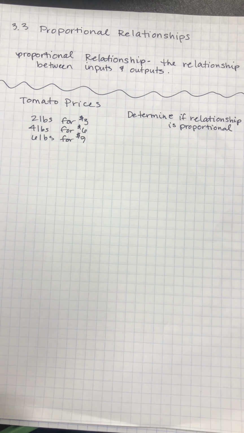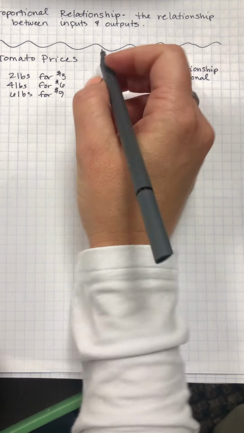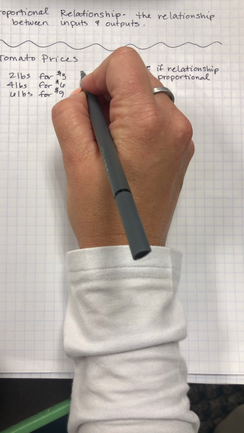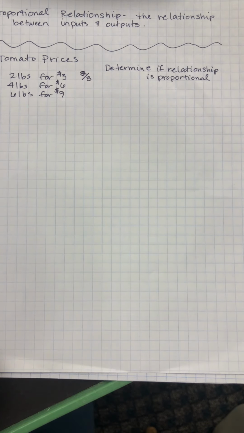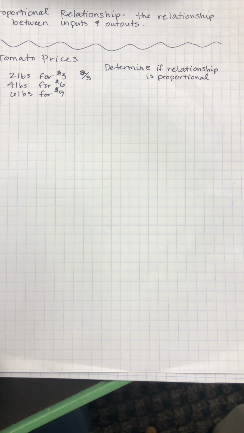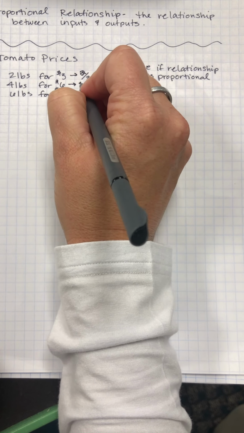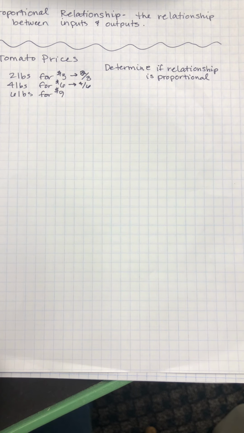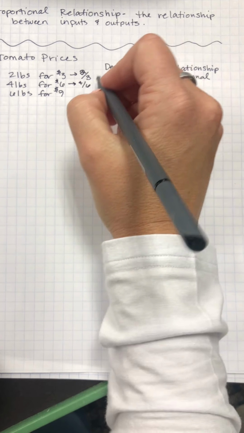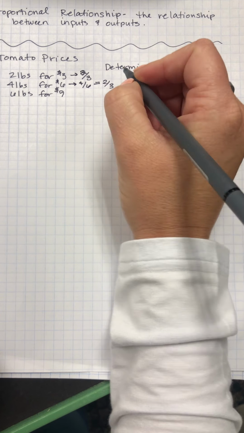Okay, so are they the same? If I take 2 over 3, 2 is my first number, 2 over 3, that can't be reduced. It can't be simplified. It's 2/3. If I take 4 over 6 from the second piece of information, that can be reduced. It can be simplified. And when I divide them both by 2, I get 2/3.